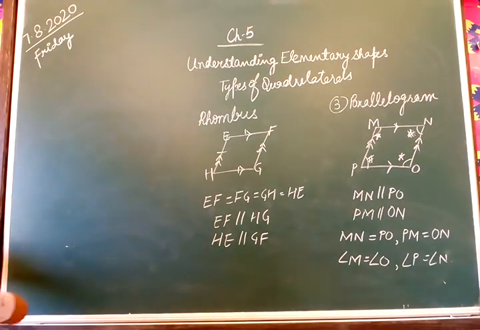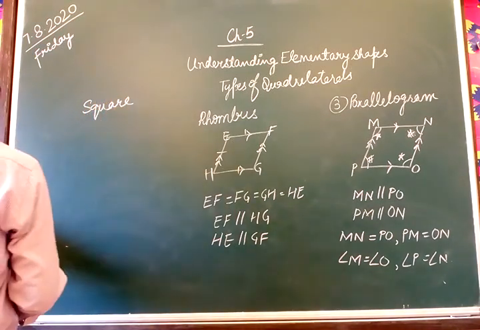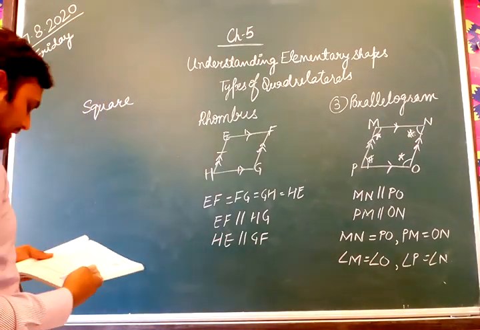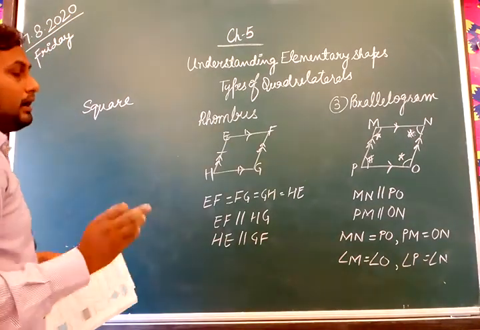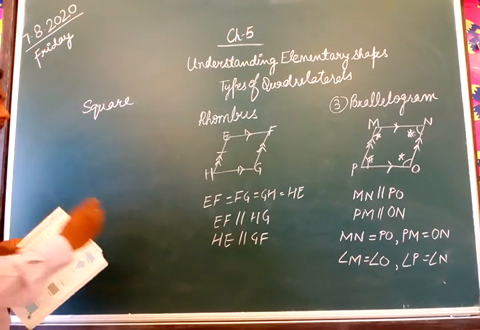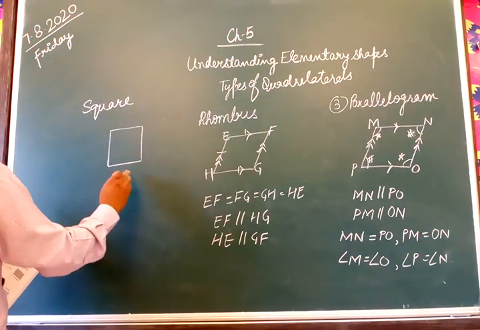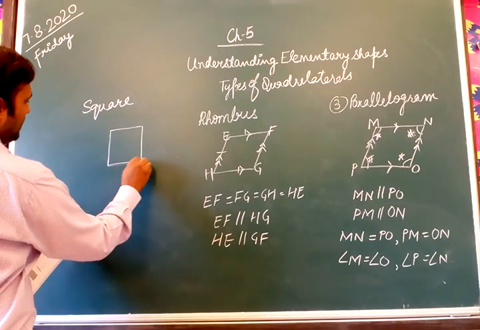The last thing we will discuss is the square. A rectangle in which all the sides are equal is a square. In a rectangle opposite sides are equal, but if all four sides are equal, we can say that it is a square.